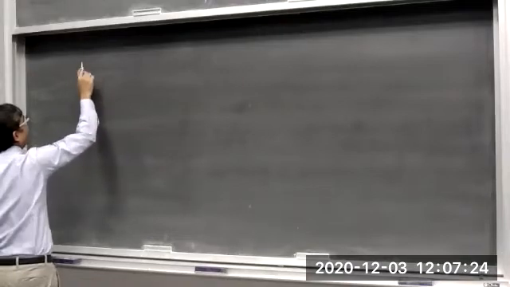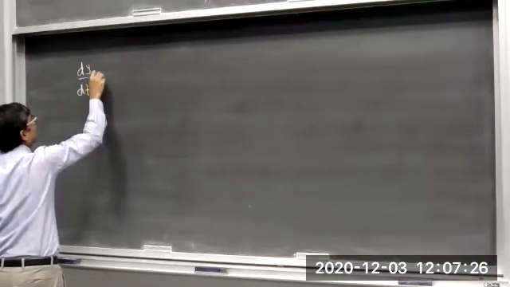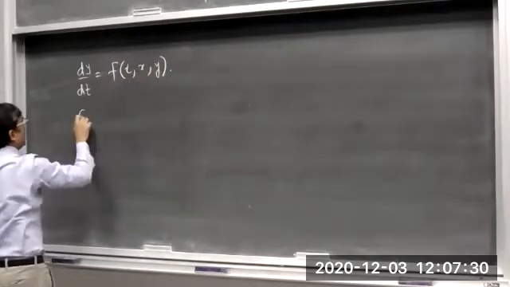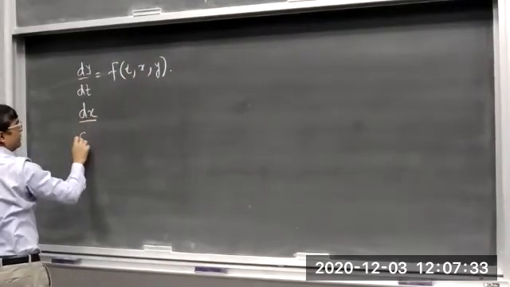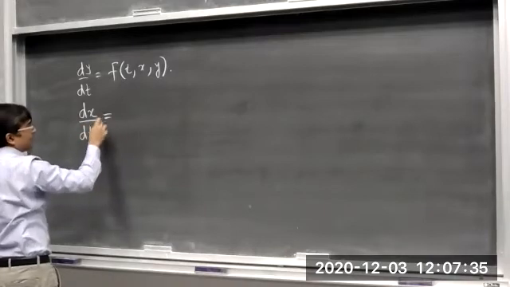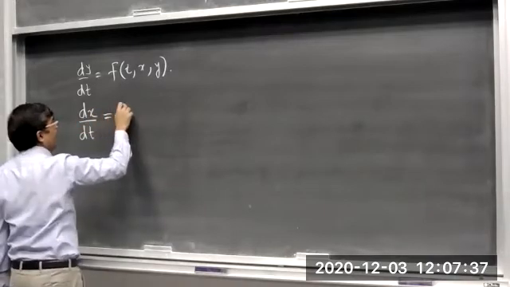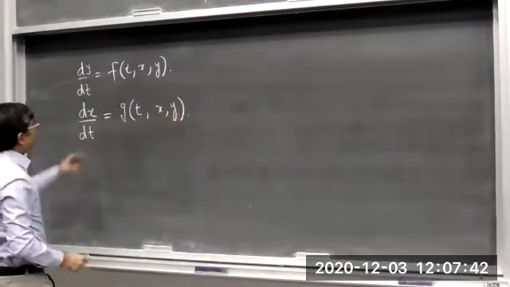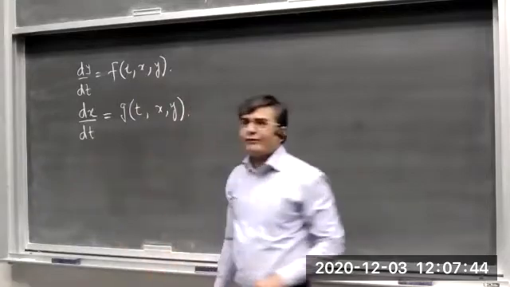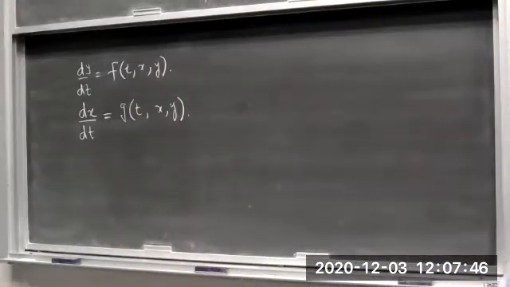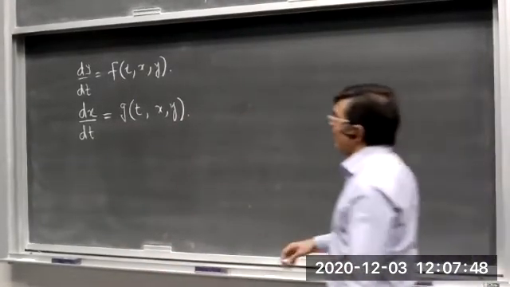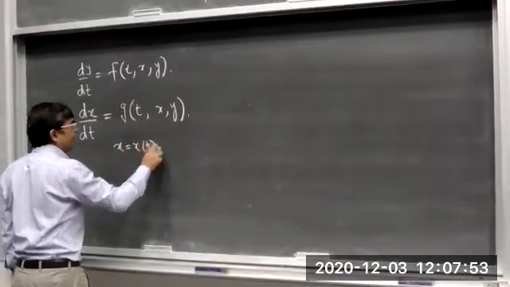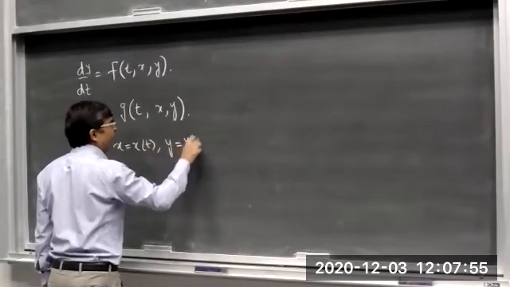For example, I can define dy by dt is equal to some f of t, x, y, and the other dependent variable x is a function of t. In that case, we can define some function g of t, x, y. So this is a system of two first order ODEs, where x and y are both dependent variables.